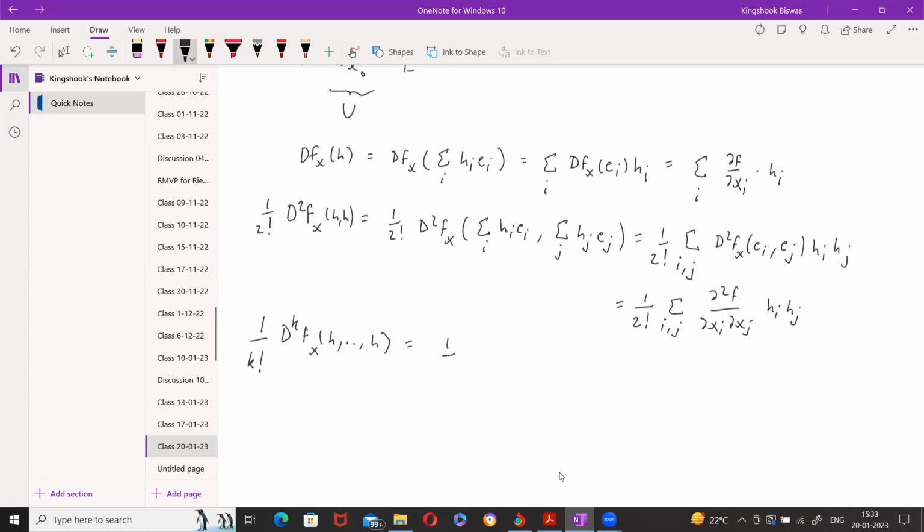This will be 1 over k factorial sum over k multi-indices i_1 to i_k between 1 and n, and then you'll have del^k f del x_{i_1} to del x_{i_k}, into h_{i_1} up to h_{i_k}. Is this clear?